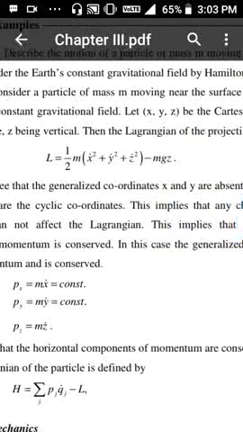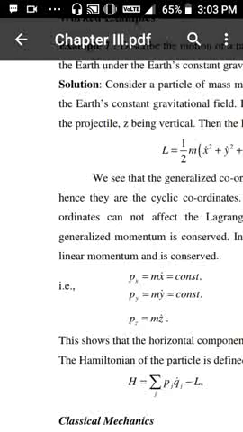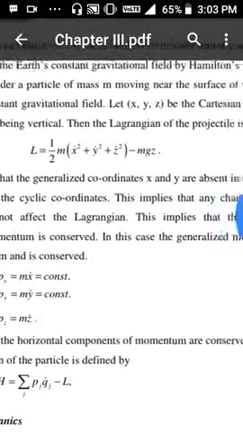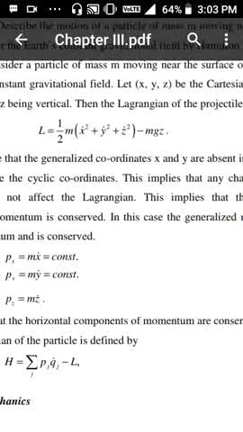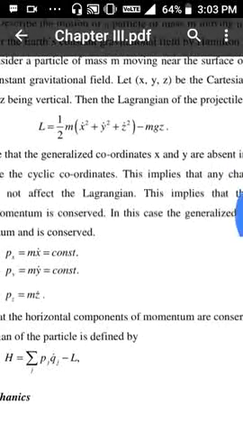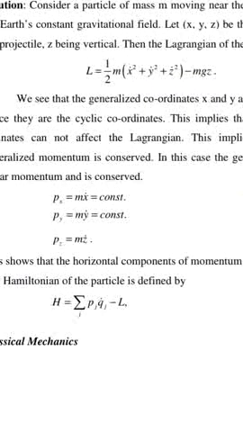Let x, y, z be the Cartesian coordinates of the projectile, z being vertical. Then the Lagrangian of the particle is given by L is equal to 1/2 m (x dot squared plus y dot squared plus z dot squared) minus mgz.